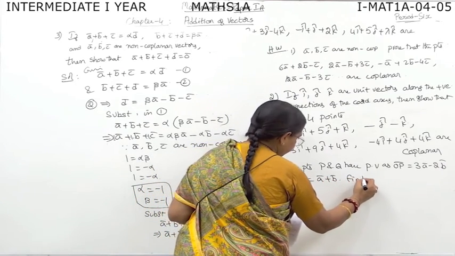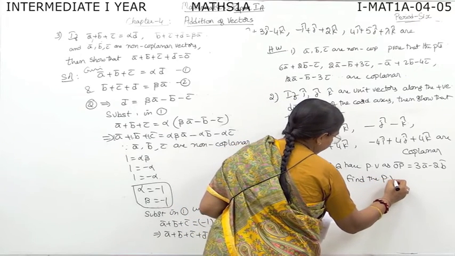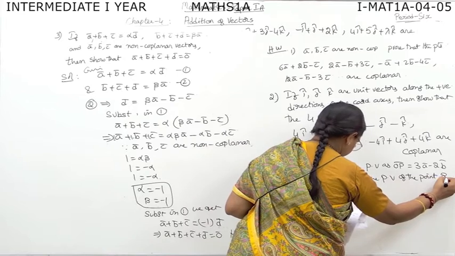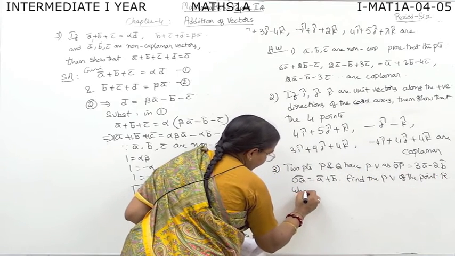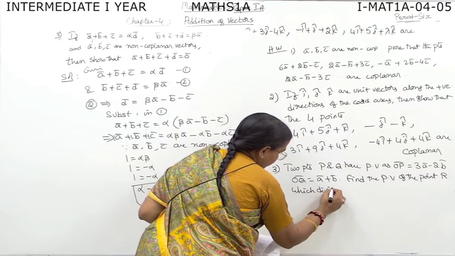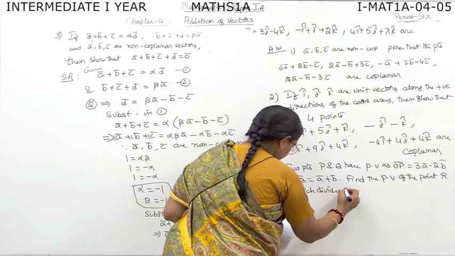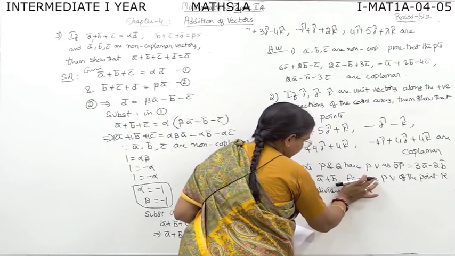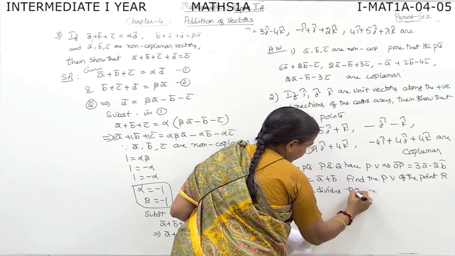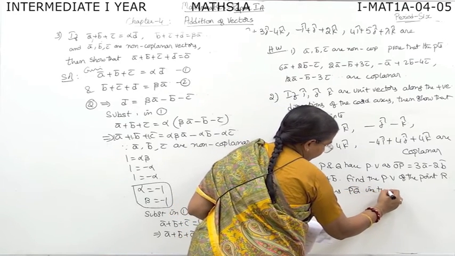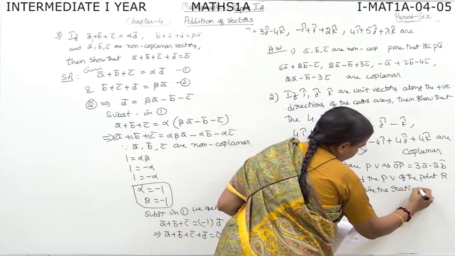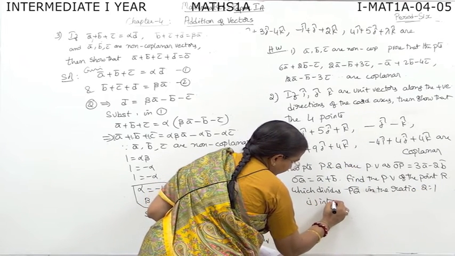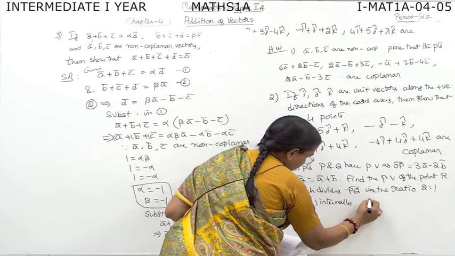The question is, find the position vector of the point R which divides the line joining PQ in the ratio 2:1. First part is internally, and then second part is externally.